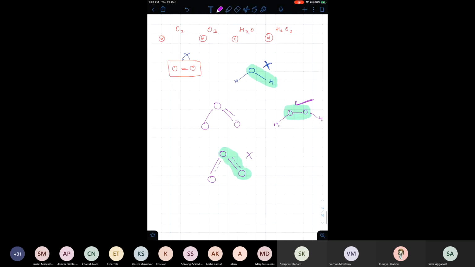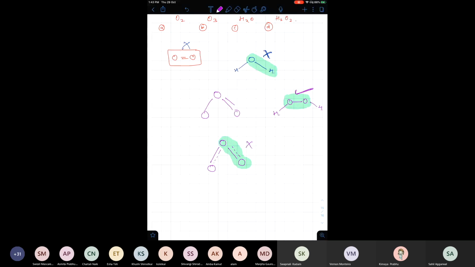Why we cannot calculate it between two different atoms? Okay, so you have done both 11th and 12th class. That's what I'm asking.